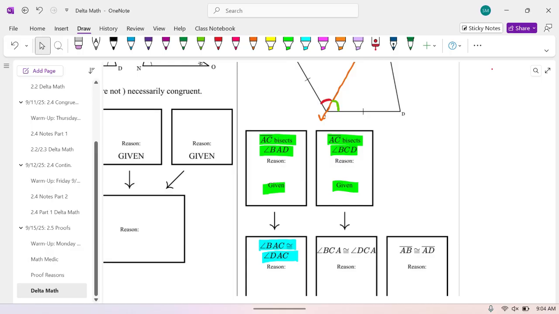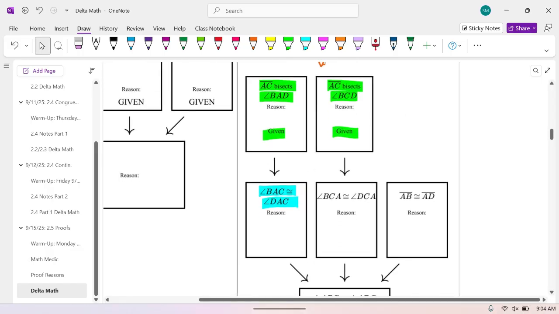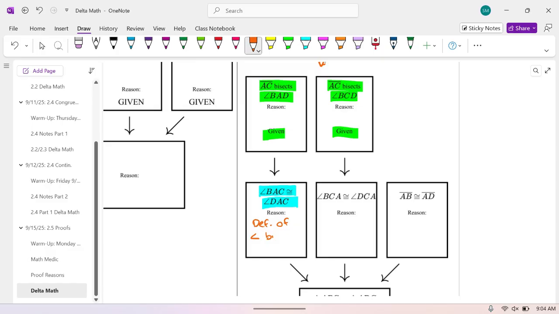So there's two ways you can state this. One, you could say that's the definition of an angle bisector. Or you could state it as an angle bisector cuts an angle in half.